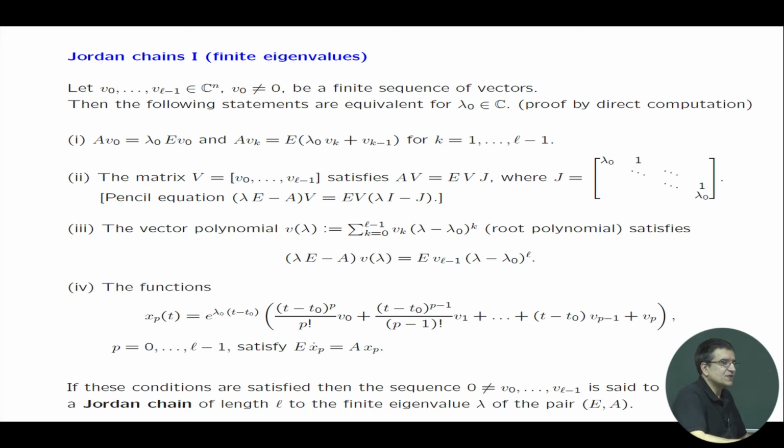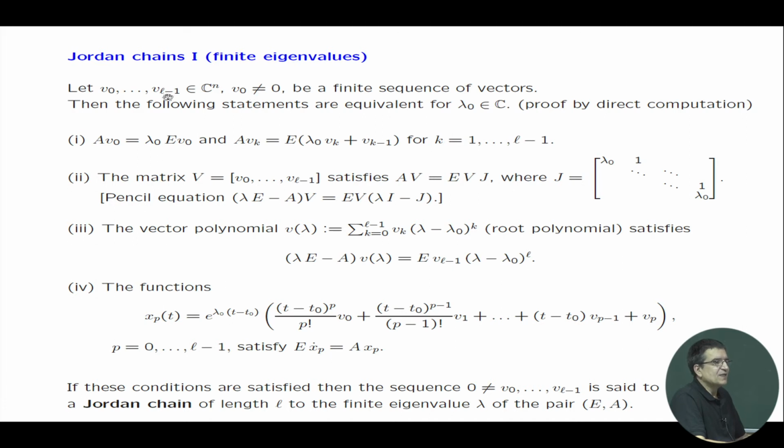So what is a Jordan chain in the case of a differential algebraic equation, or in the case of a matrix pair EA? Suppose we have a finite sequence of vectors, and the first vector should be non-zero.